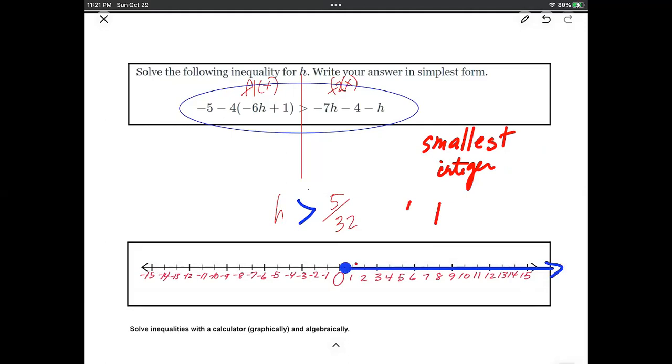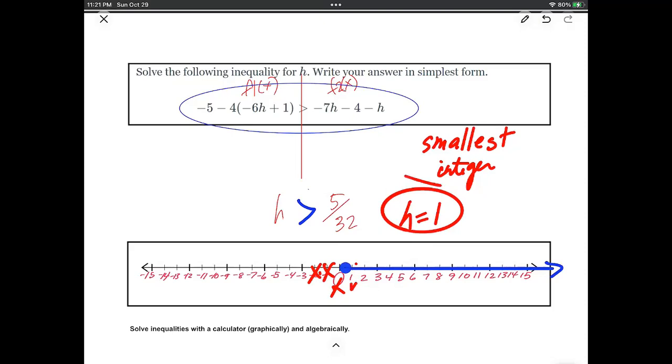When h equals 1, that's going to be a solution, and that's the smallest integer. 0 doesn't work. Negative 1 doesn't work. Negative 2, none of these work. So the very first integer that will make this true is 1.